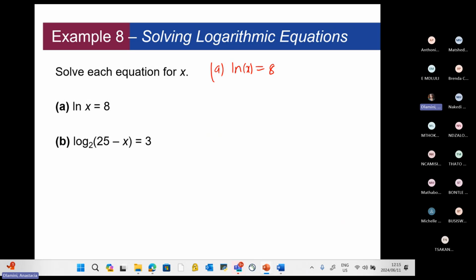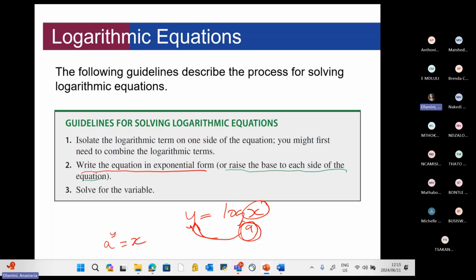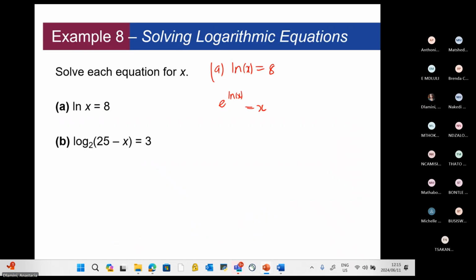We know the property that says e to the power of ln x is the same as just x. So we can raise the base to each side of the equation. This is ln of x, then I raise the base, this is e to the power of 8.